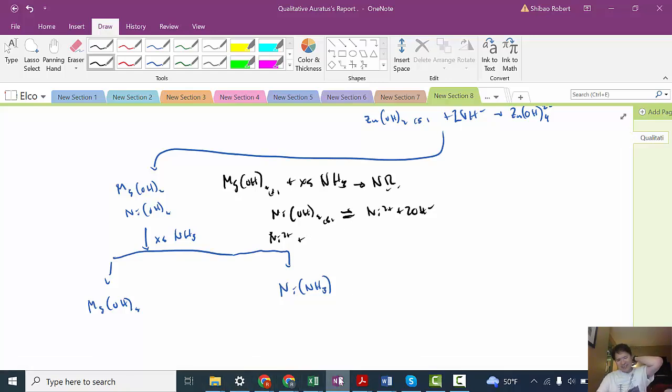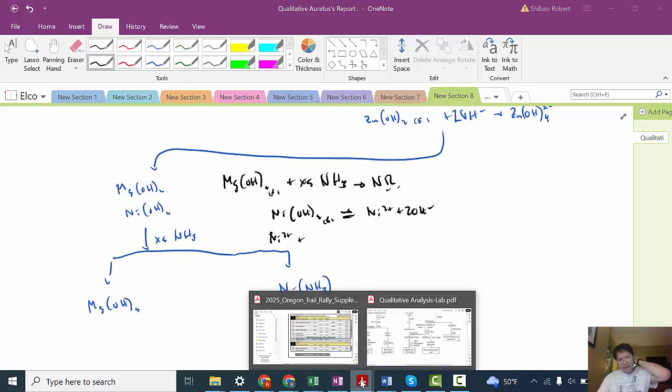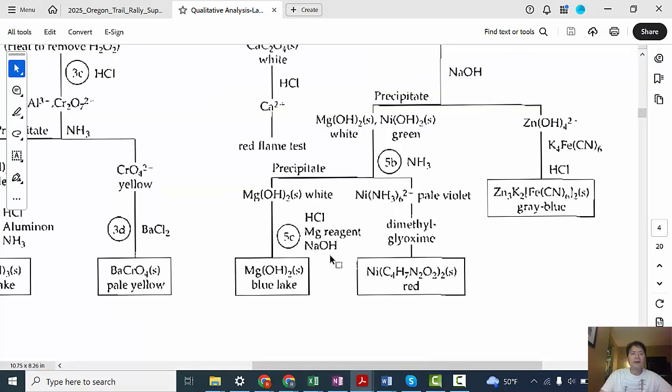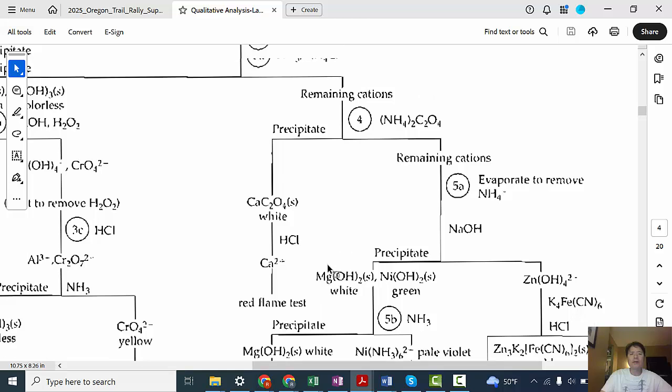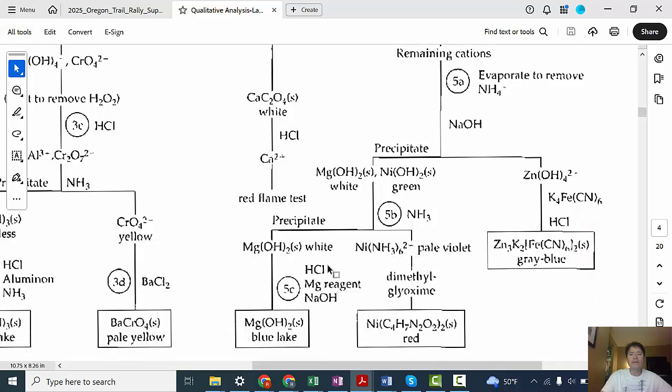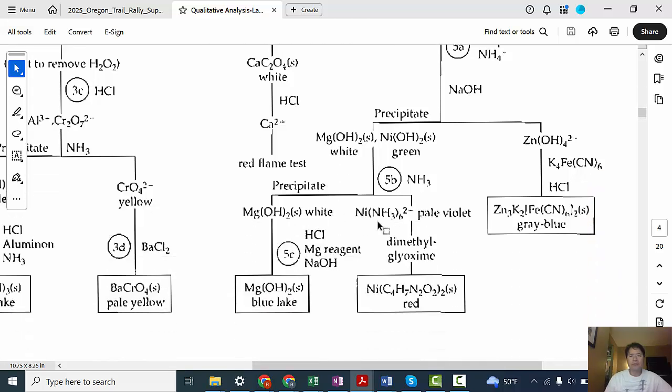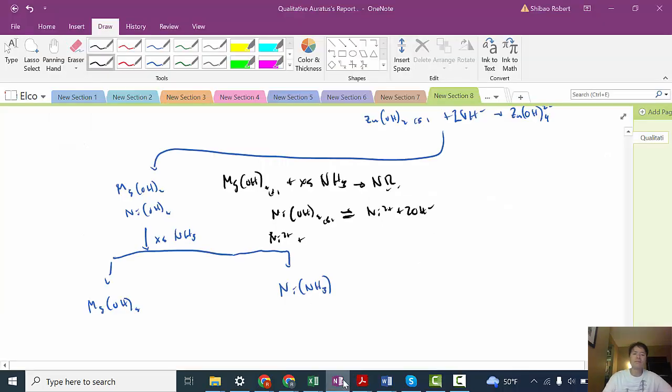And so nickel 2 plus excess ammonia. In this case, we're going to form the hexamine, as I recall, complex. And so we could look it up in the book as well. But we're going to form the hexamine complex here, which is pale violet color. And to form the hexamine complex, we'll need 6 ammonias.